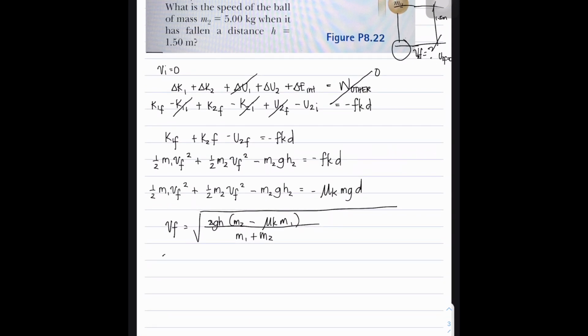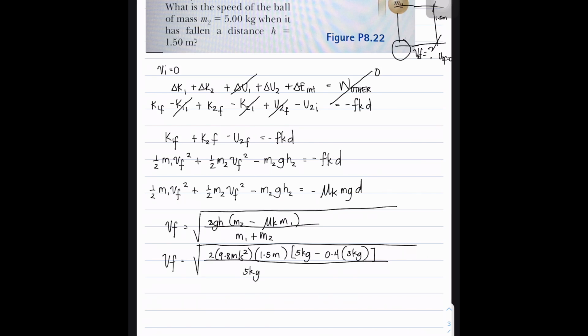So let's now substitute the given parameters. Okay, so we have 2 times 9.8 meters per second squared, height of 1.5 meters, M2 is equivalent to 5 kilograms minus 0.4 times 3 kilograms, all over M1 as 5 kilograms plus 3 kilograms.